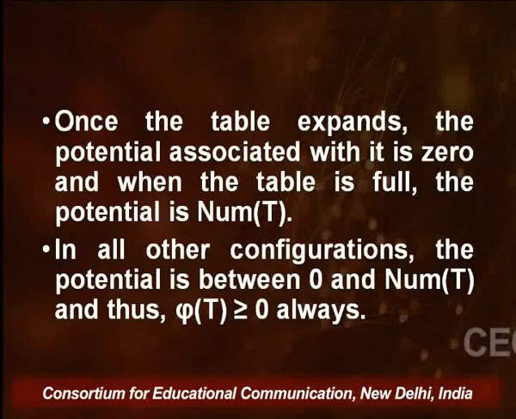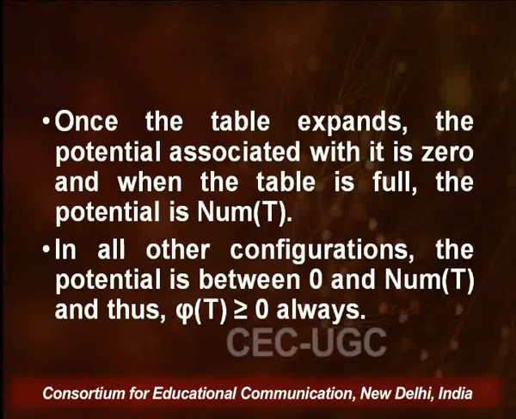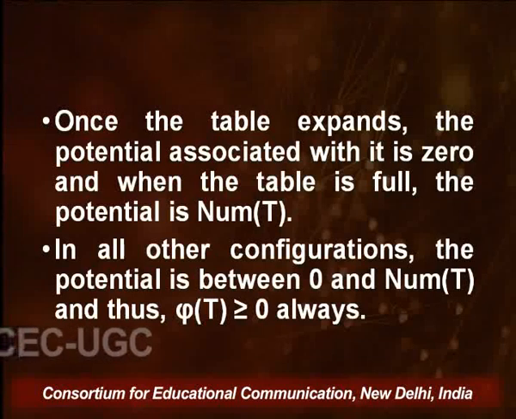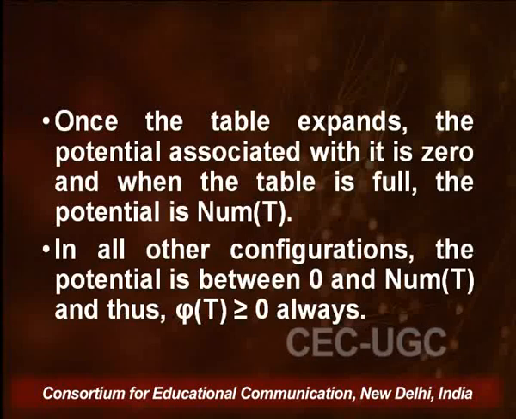When the table expands, the potential associated is 0. That means whatever potential has been accumulated before expansion has been used for expanding, or for moving the elements from the old table to the new one.